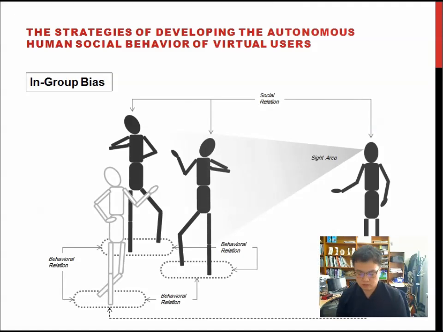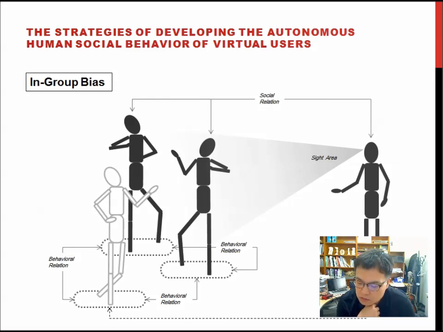Next is the strategy for group biases. In-group bias emerges as the result of social follow-up. In other words, people with social relationships take actions that are similar or related to another person's action. In order to develop social interaction in this way, it is a priority to establish social relationships between agents.